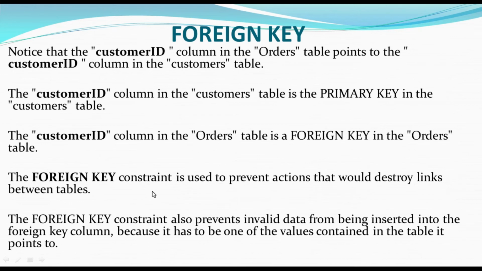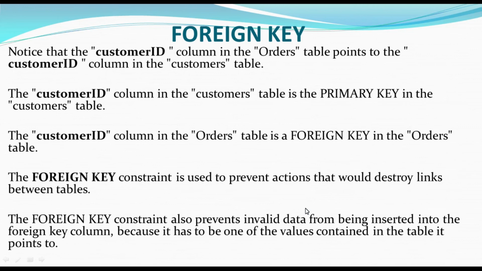So the foreign key constraint is used to prevent actions that would destroy links between tables. For instance, if you create a foreign key and you insert records, you can't just delete the records from the parent table while they are linked to the child table, because you need to delete from the child table first before it can take effect in the primary key.